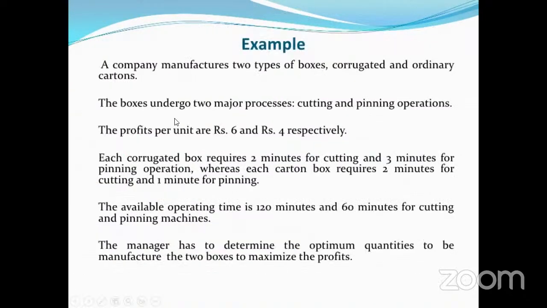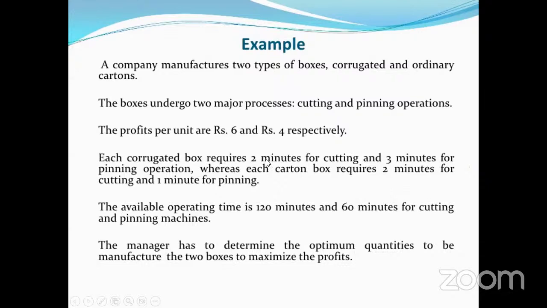My doubt is here. Cutting operation: the numbers 2 and 3 are not correct, it should be 2 and 2, and 3 and 1. It is 2 minutes in cutting and 3 minutes in pinning for the corrugated box.